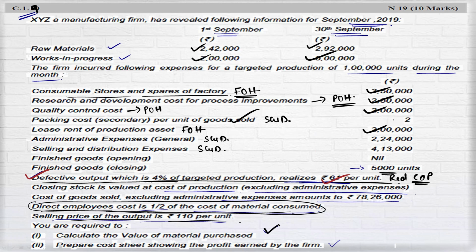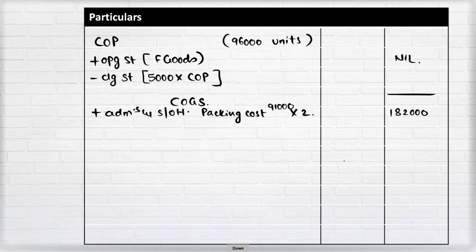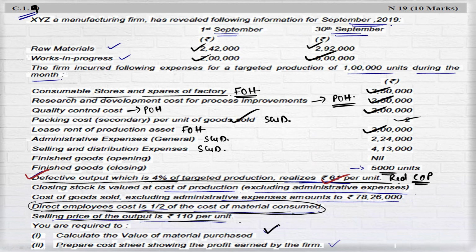This I have considered. Administrative expenses 2,24,000. Selling and distribution 4,13,000.